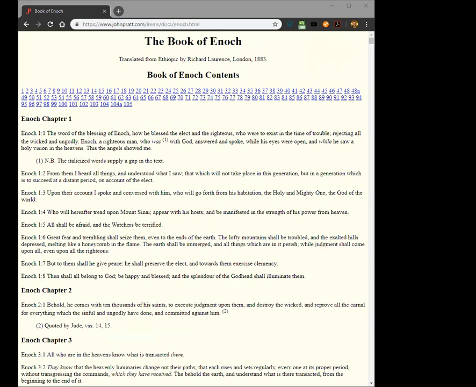Scholars don't believe that Enoch wrote the book of Enoch. I have been testifying of that since the very day of the Twin Towers falling. My article on Enoch came out the morning of Twin Towers in Meridian magazine. And I've been testifying of another book, the book of Jasher.